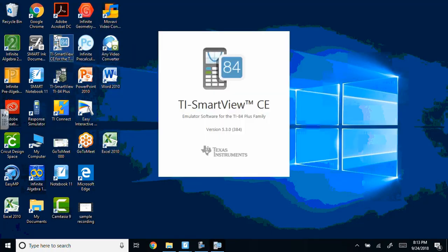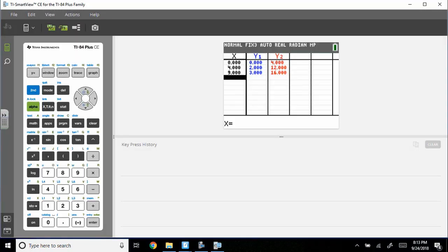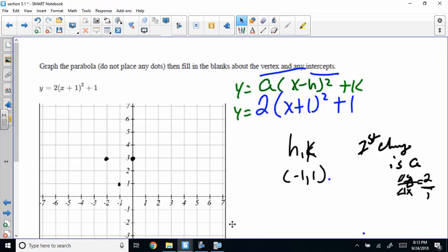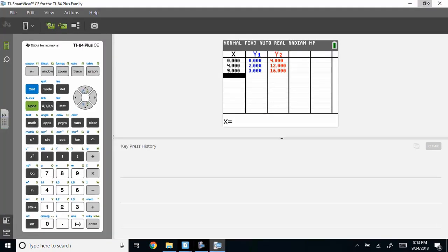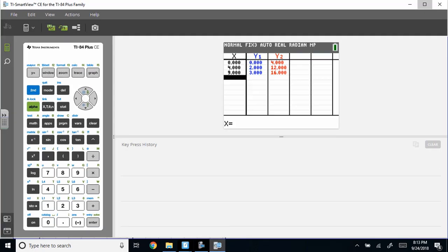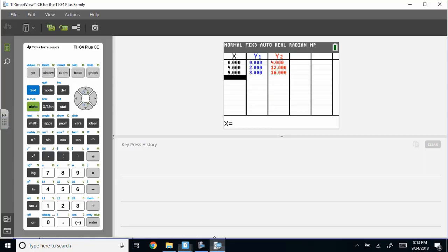Man, I love my graphing calculator. Sorry, I just like to nerd out. Okay, here we go. So what is the problem? 2(x plus 1) squared plus 1, right? True.